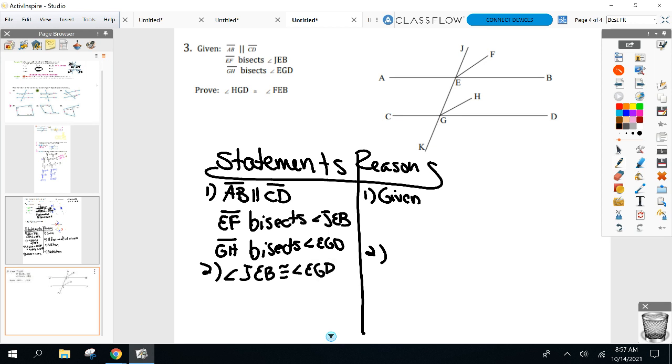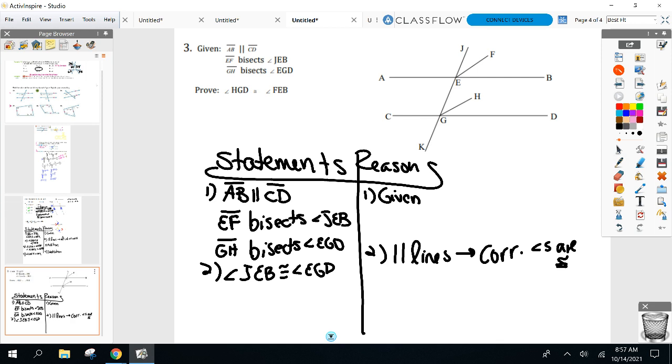Why? Yeah, now we're talking my language. Parallel lines imply corresponding angles are congruent. Okay, now you have equal quantities.